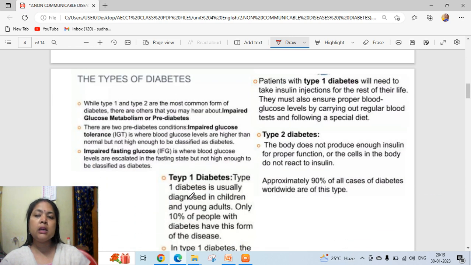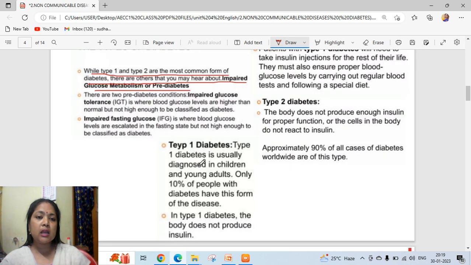Let us see the types of diabetes. While type 1 and type 2 are the most common forms of diabetes, there are others that you may hear about: impaired glucose metabolism, that is known as pre-diabetes. There are two pre-diabetes conditions.